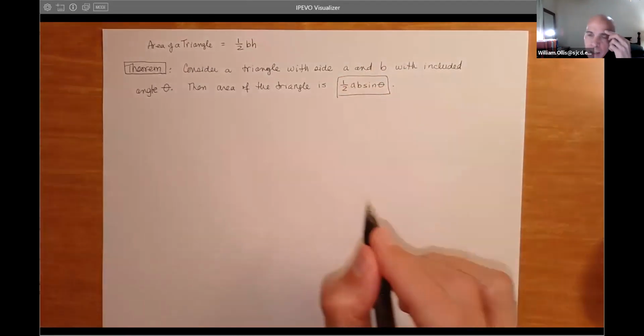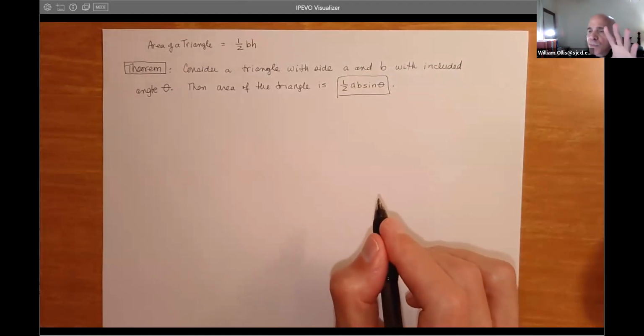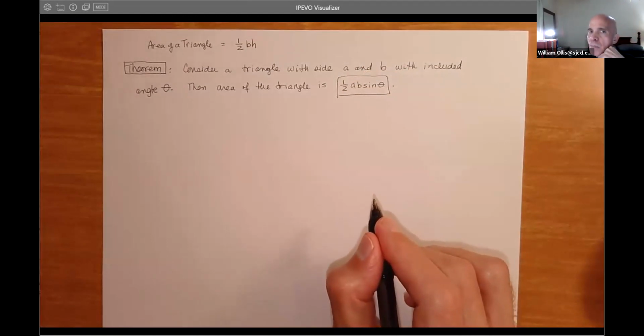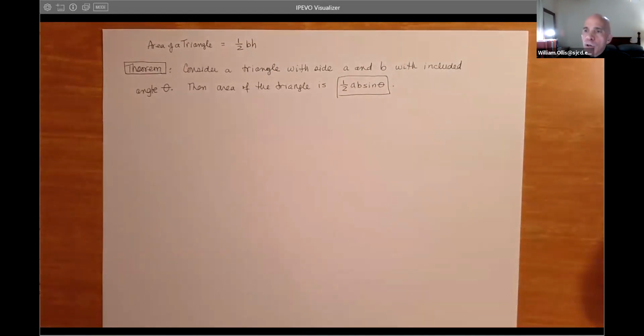So you're thinking this formulation is more user-friendly, because if you have the base times height, you clearly have to be able to compute the height of the triangle. And maybe it's not a nice triangle. Maybe it's not a right triangle, and then the height would have to be given to you. So with this formulation, it's more user-friendly.